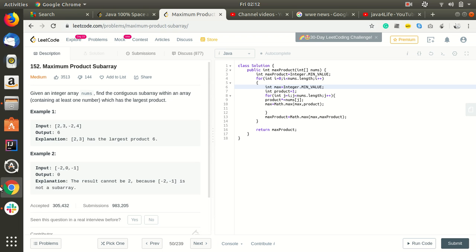Suppose in this array, it will start from 2 into 3 is 6, 6 into minus 2 will be minus 12. Every time I am just storing the max of that calculation. So when it comes over here, it will store 6 in max, max will be 6. Again when 6 is multiplied by minus 2, at that time the maximum value will be 6 and minus 12.